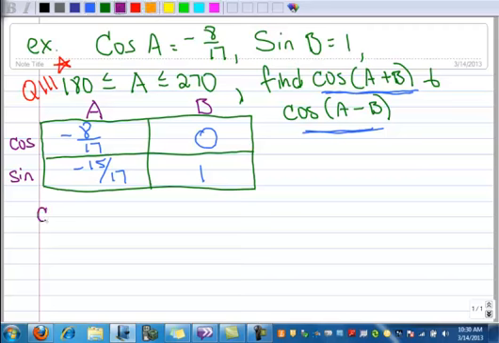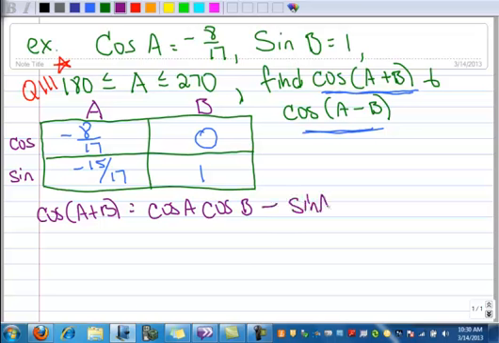So the cosine of the sum A plus B is going to be the cosine of A times the cosine of B minus the sine of A times the sine of B. And we know all of these things, so let's just insert them right in here. So the cosine of A is negative 8 over 17. Cosine of B is 0, minus the sine of A, that's negative 15 over 17, and the sine of B is 1.